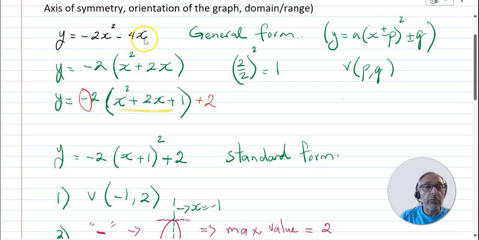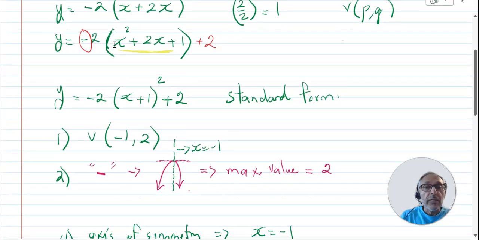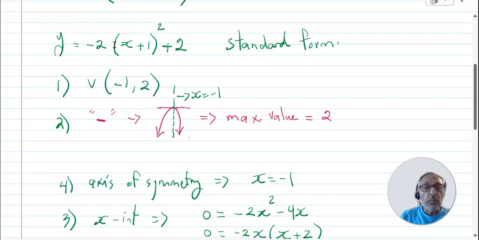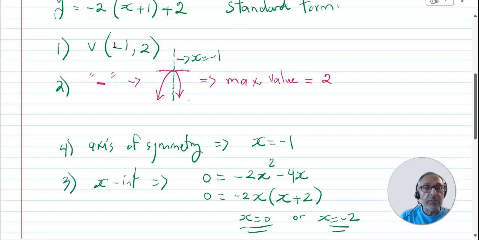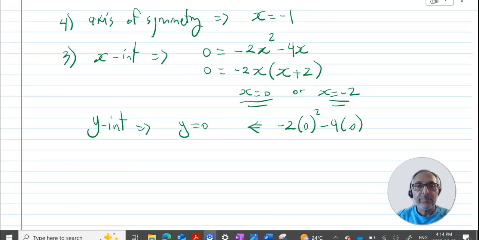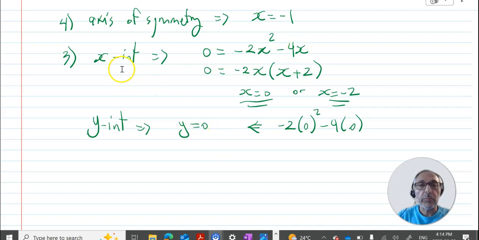So the entire right-hand side would be 0, so y equals 0. So basically, we have one y-intercept. Okay, so here it is, the y-intercept. We set x equal to 0, put it back into the original equation, which is right here, and then we get y equal to 0. Remember, for x-intercept, we set y equal to 0. Okay, so that's what we're going to do.